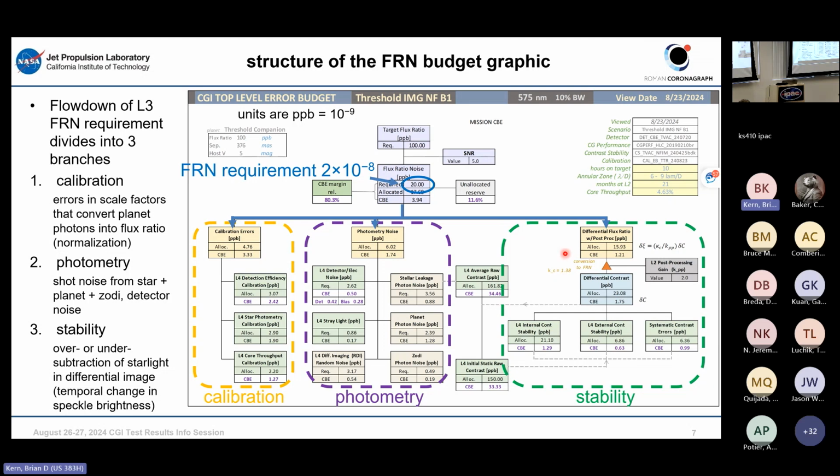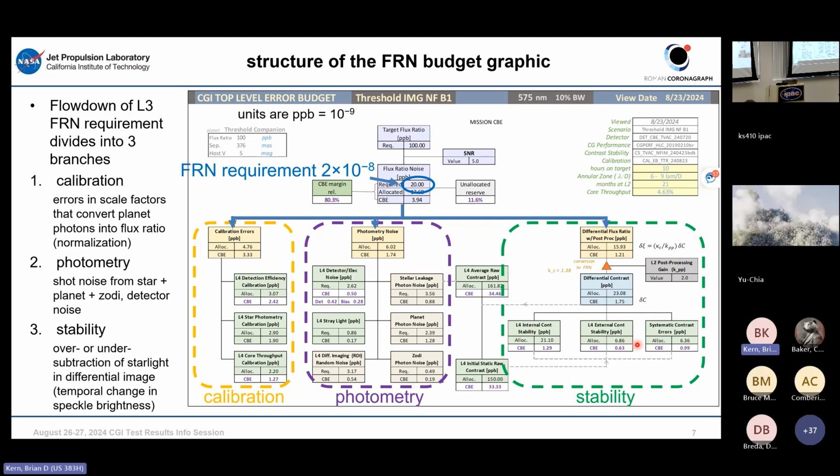Like I said in passing, if the speckles, which are starlight, were to remain the same and you difference them, you would get a shot noise component. You didn't measure the speckle brightness with perfect accuracy. But if the speckle brightness itself were the same, this would be stable. There'd be no contribution in this stability branch of the budget. So this is entirely an accounting of how much did the starlight change?